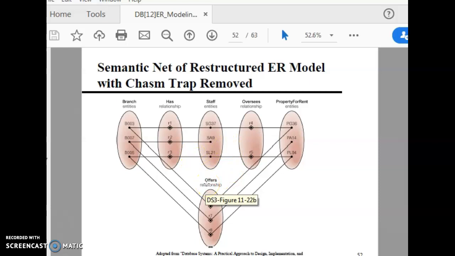Finally, we are able to determine that property number PA14 is available at branch number B007.